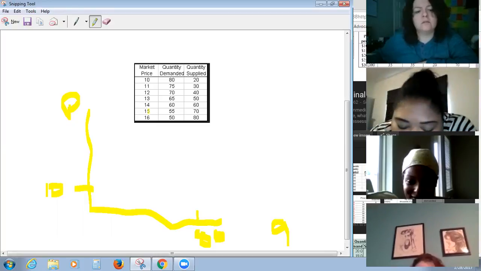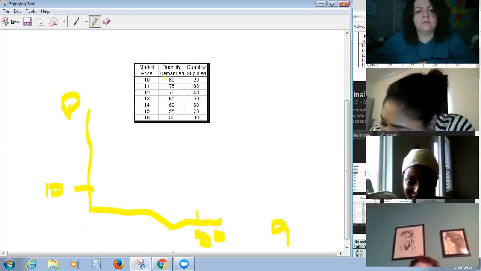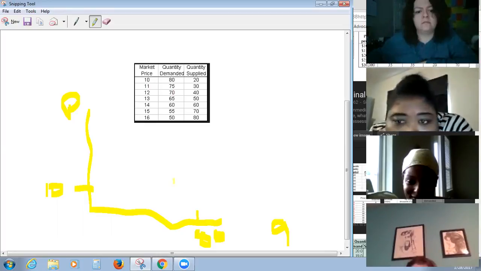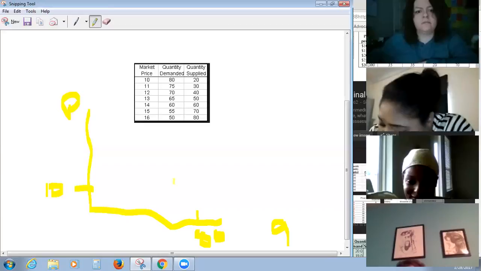And so if it's going to change, then I'll have a whole new list of quantity demanded. So you want to hold those things constant.